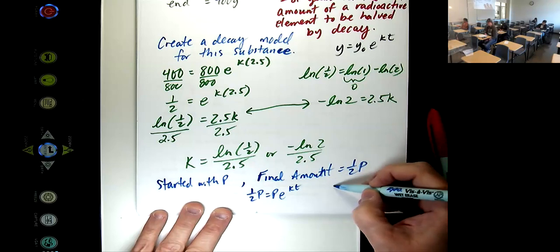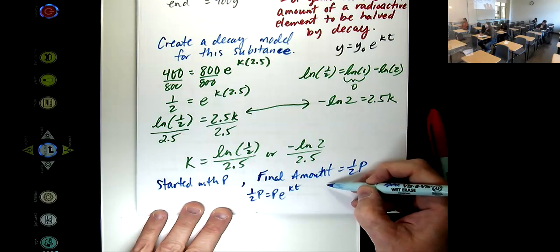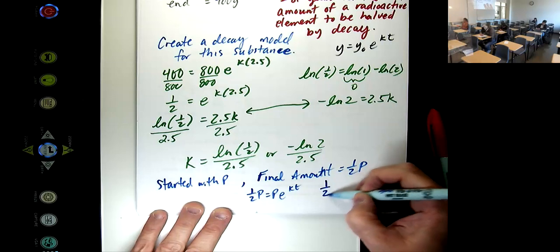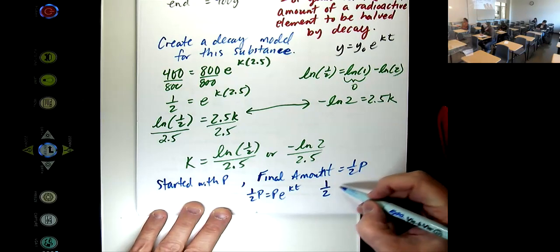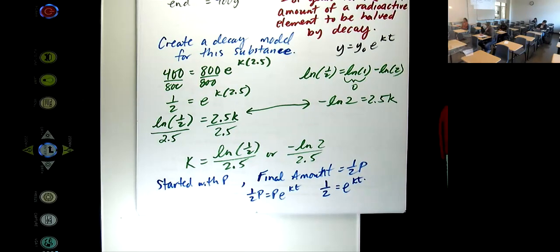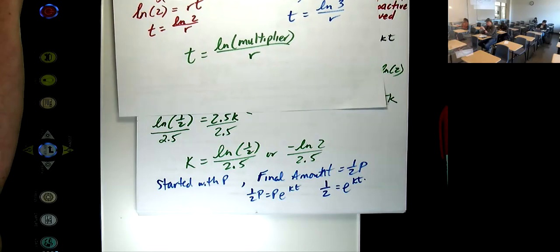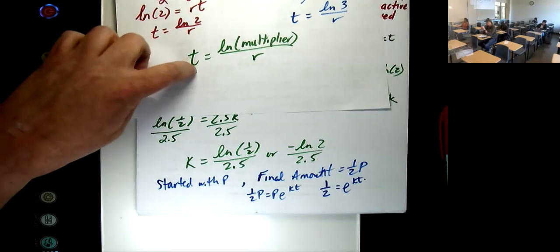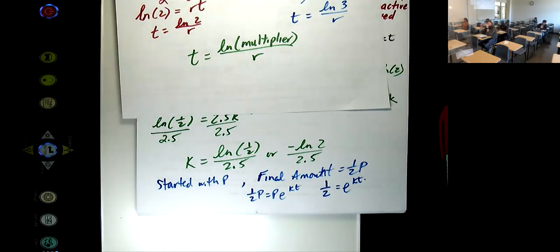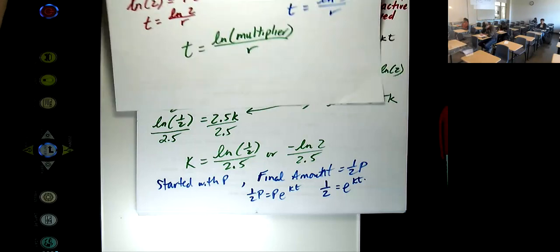It didn't really matter what we started with, as long as we're looking for a time, a multiplier. So this ends up being the exact same thing as what we just looked at. T equals the natural log of the multiplier over R. When you're looking for time and you're looking for a specific multiplier, like doubling or tripling or half-life, something like that, it's the same thing every time.